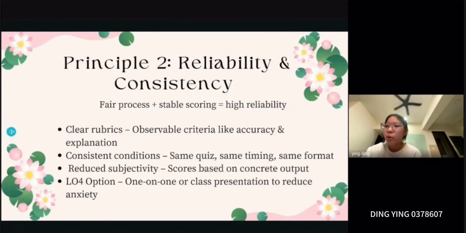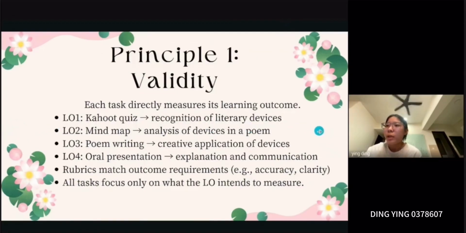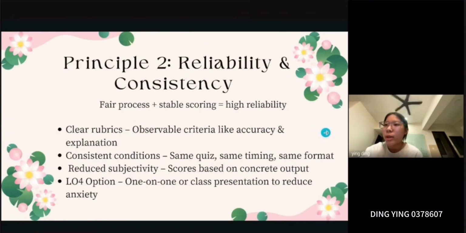And principle two, I ensure reliability and consistency through 3 strategies: clear rubric, standardized conditions, and minimizing subjectivity. The rubric includes specific observable criteria. For example, in LO3, we assess correct use of 3 devices, not creativity.